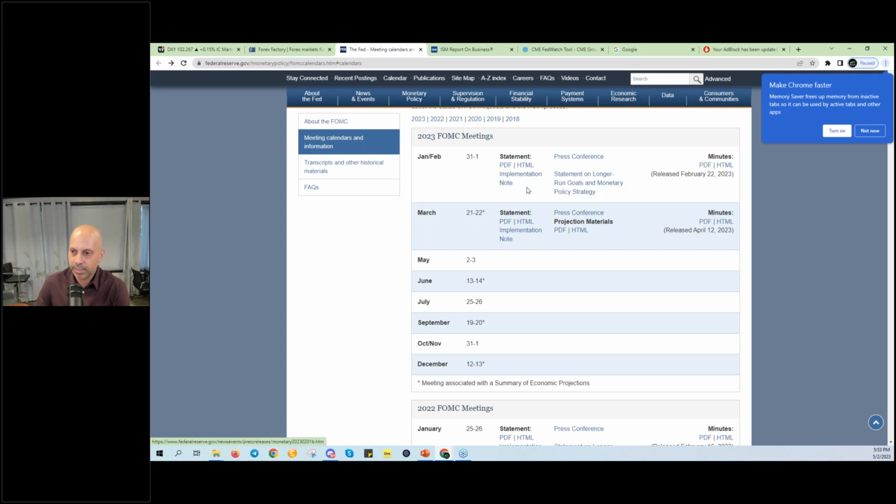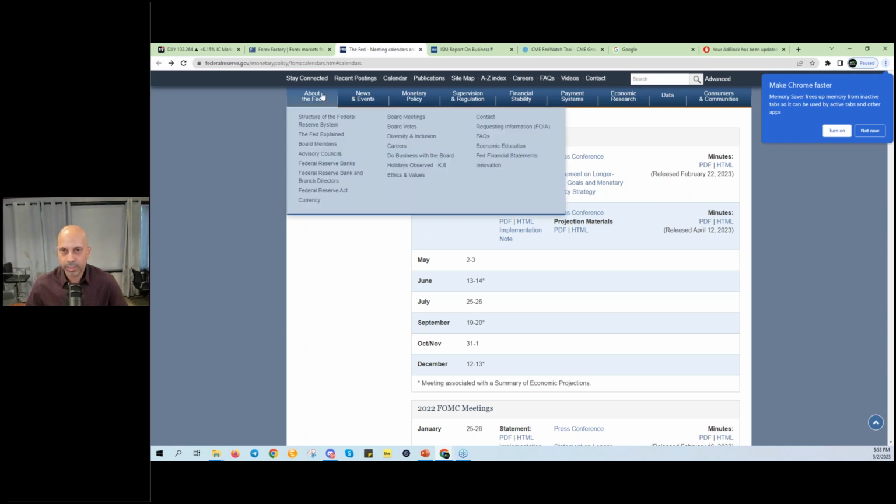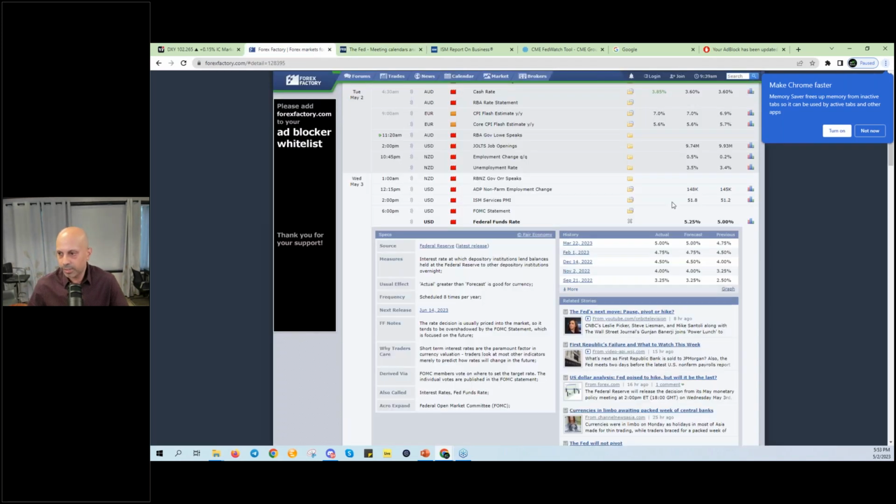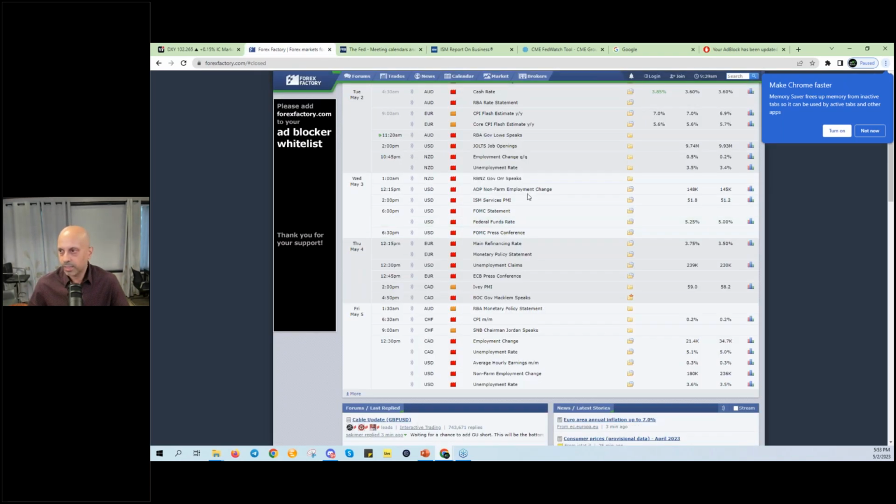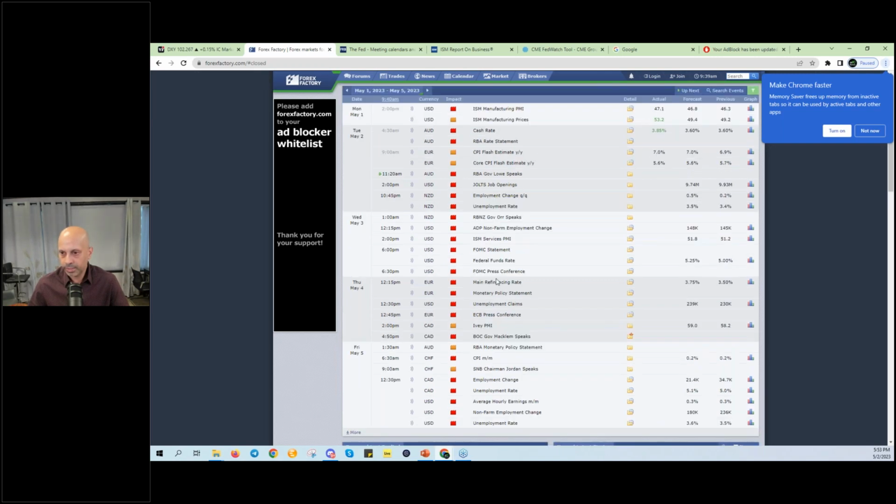Of course, the data on each website for the respective central banks may be different from the FOMC page here, but the process is the same, right? So you go to Forex Factory, you set your time, you set your filters, and you search for the relevant economic event. Okay, so we've covered how to use Forex Factory.